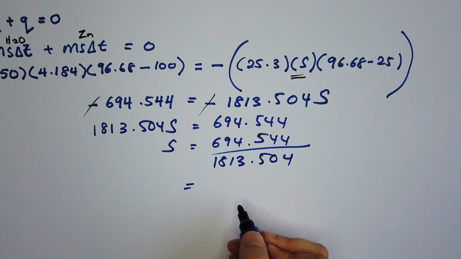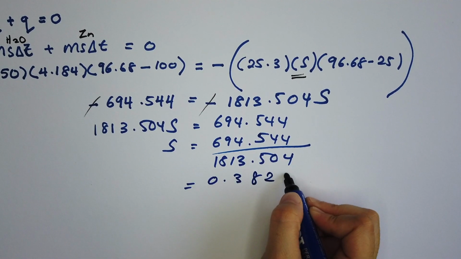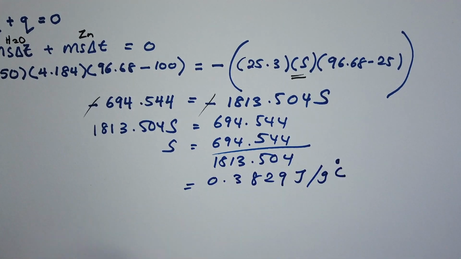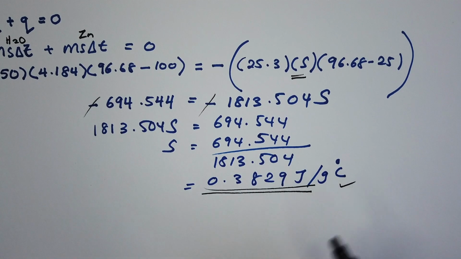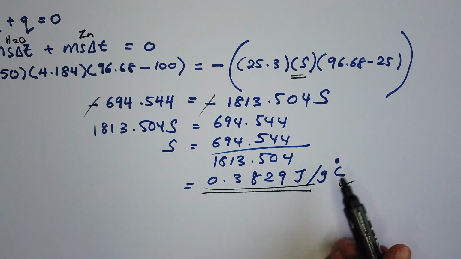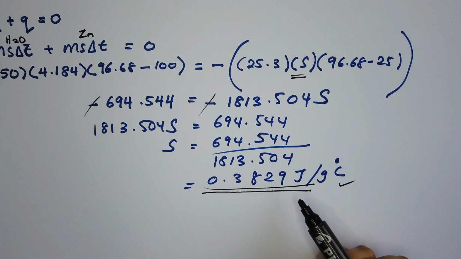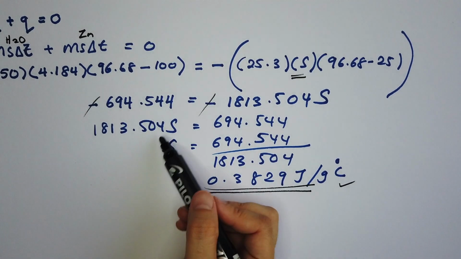You should get S equal to 0.3829 joule per gram degree Celsius. This is your final answer. For this chapter, if you don't write the unit, your final answer doesn't count. So make sure that you write the correct unit for S.